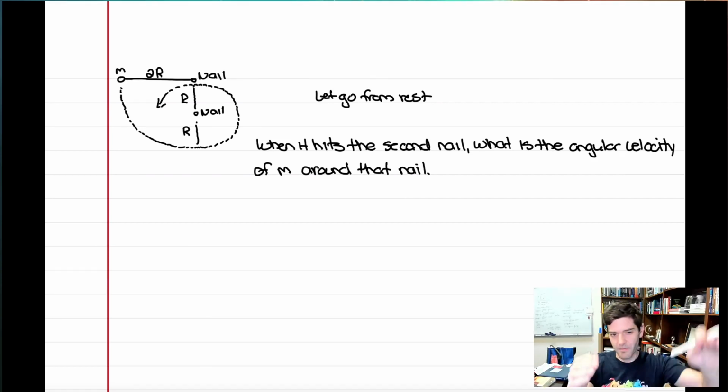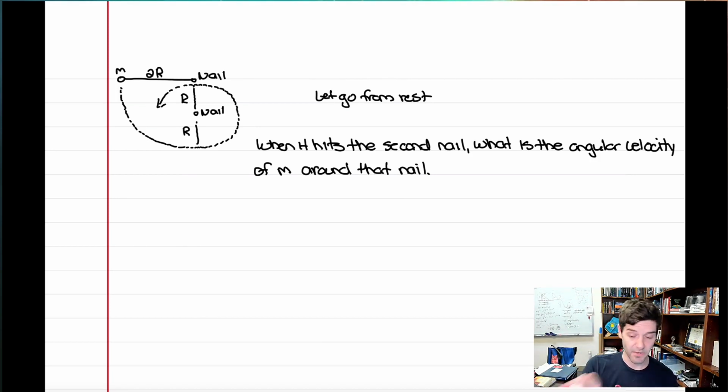So it's kind of sweeping out a big circle for a quarter of a circle, then it hits a nail, and then it starts traversing a smaller circle with half the radius. Does the ball start spinning around faster? Does the ball speed up? What's going on when it hits that middle nail?